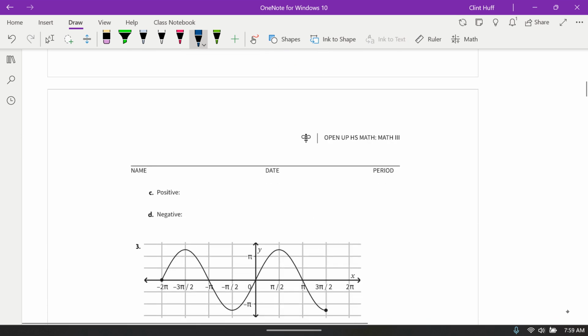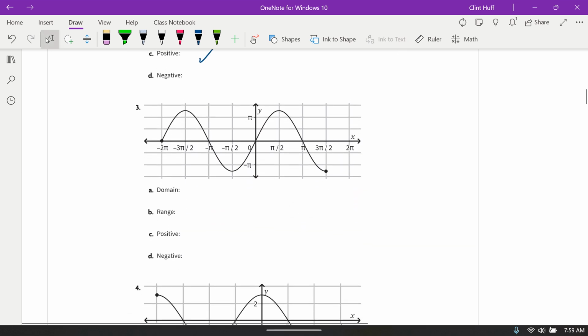Okay, so I took care of those up there. Okay, so the domain, it starts from -2 pi, all the way over to there, 3 pi over 2. The range, this is a little tricky on this one. It bottoms out here, I guess.